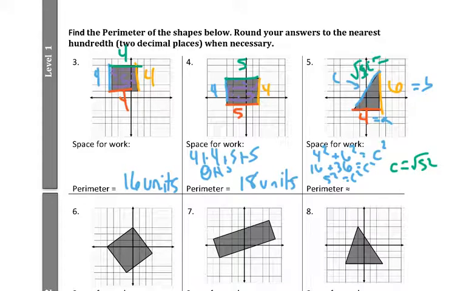Okay, so the square root of 52, that side is about 7.21. Now I can add 7.21 and 4 and 6. And that's going to tell me that the perimeter is about 17.21 units long.